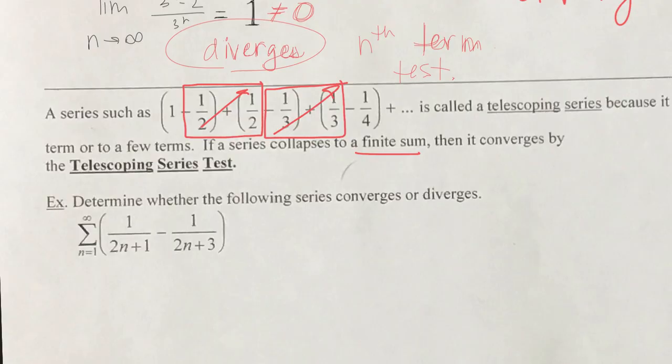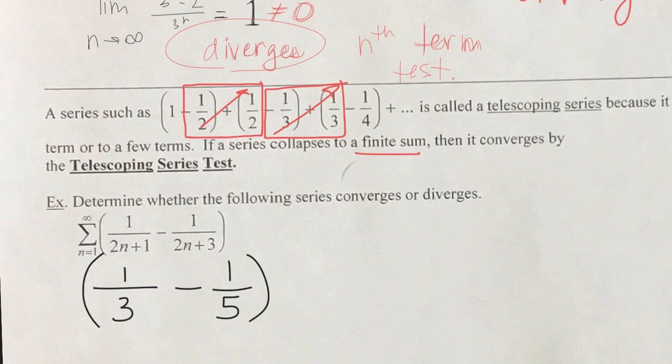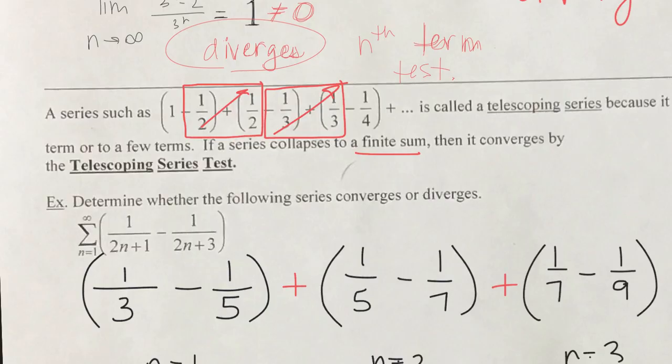If n equals 1, that's 1 over 2 plus 1, which is 3, minus 1 over 2 plus 3, which is 5. So the first term is 1/3 minus 1/5, plus some other terms.